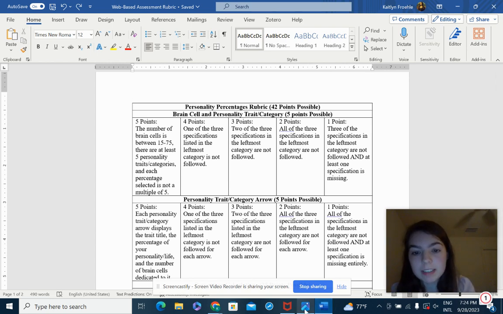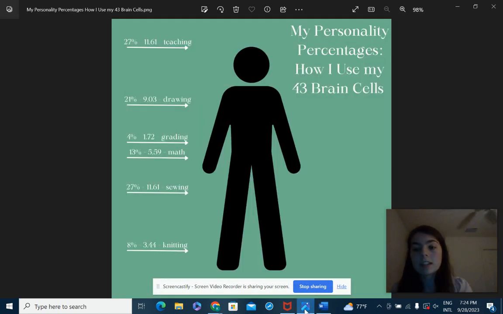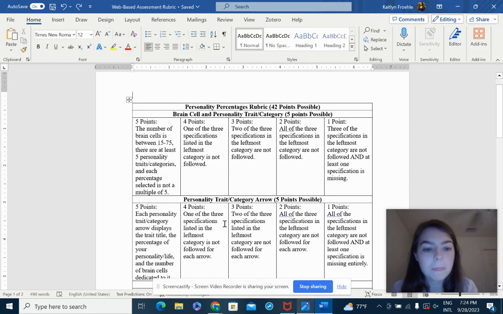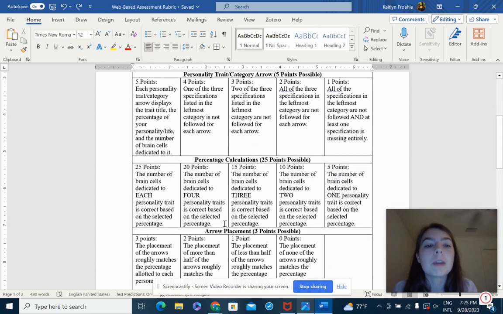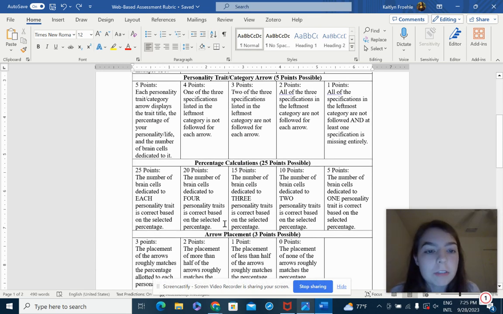You'll notice on my example that I do not have any percentages that are multiples of 5. That's because I know those percentages are easier to calculate and you guys can handle using harder numbers like 13%, 21%.